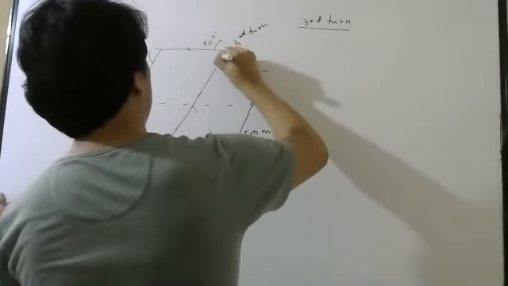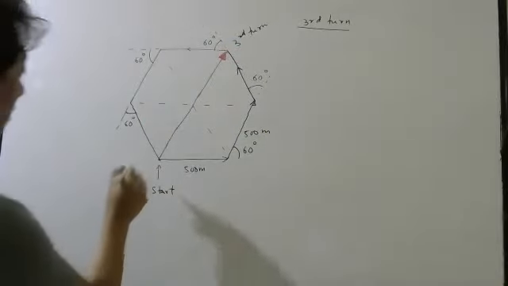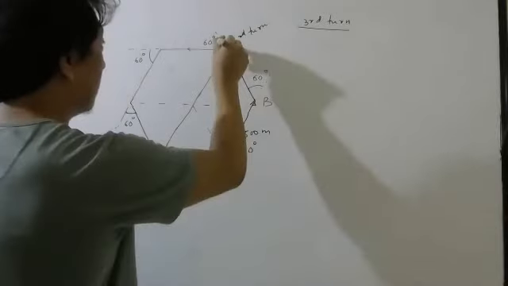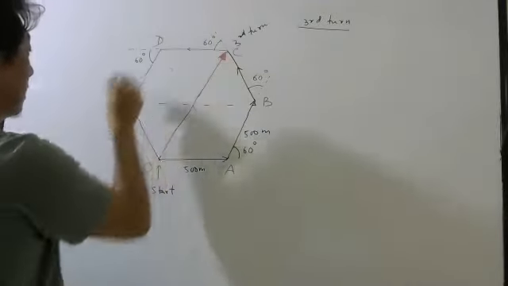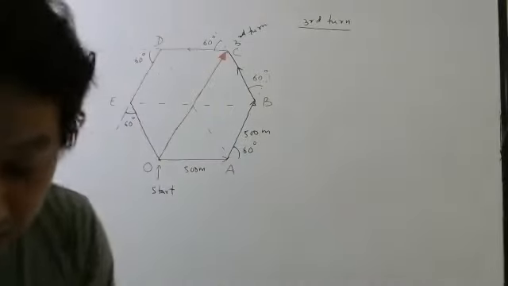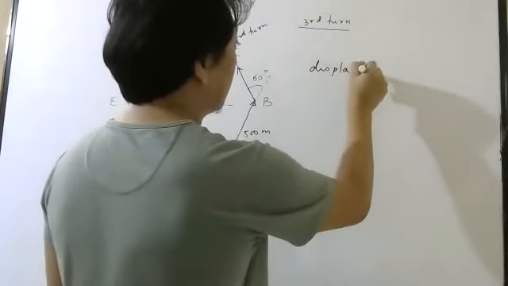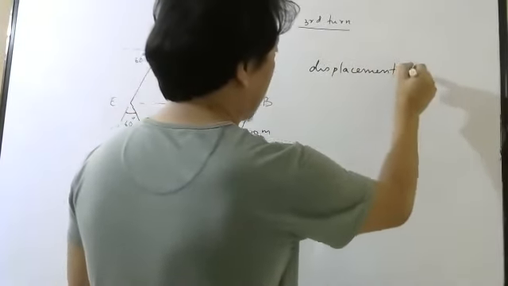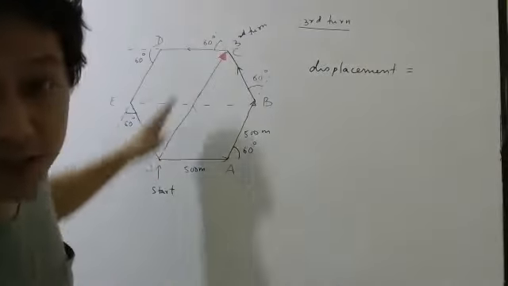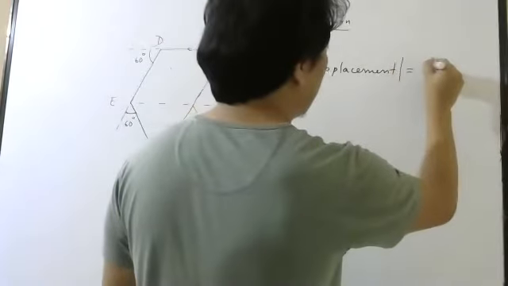Let us call this point O, this A, this B, this C, this D, this E, this O. So what will be the displacement after the third turn? The displacement after the third turn is equal to this shortest distance, OC. Let us write only the magnitude.